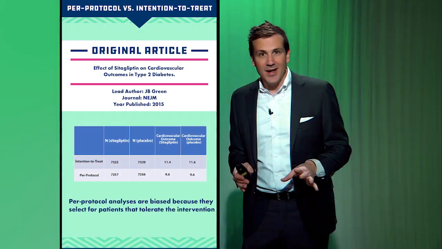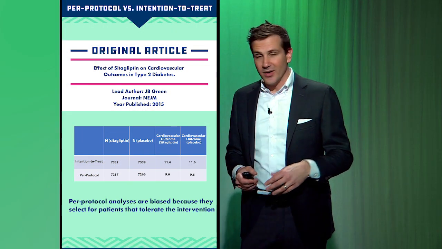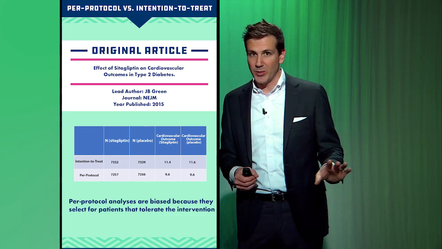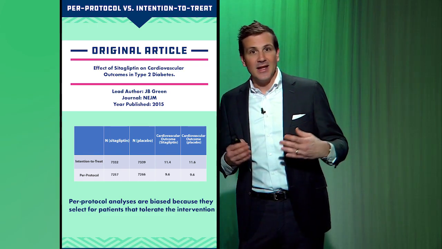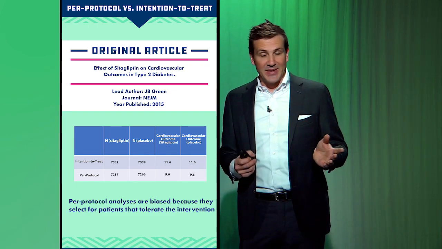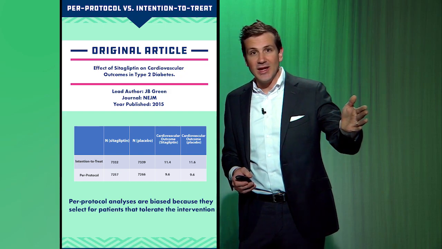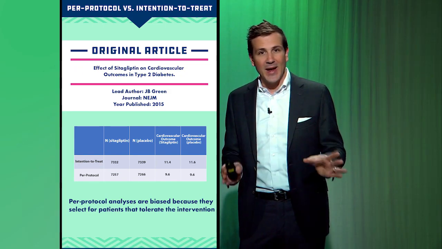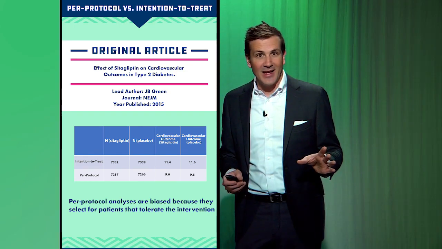This is why randomized trials are the best practice, and to analyze a randomized trial you use the intention to treat principle because it does not induce bias. Once someone is randomized to the treatment arm, they are in the treatment arm, and that's how you analyze them, even if they stop taking the drug.